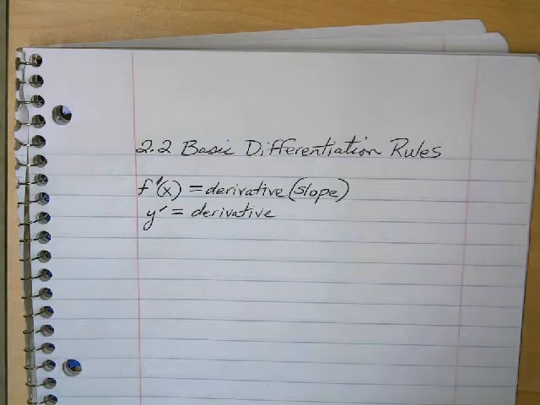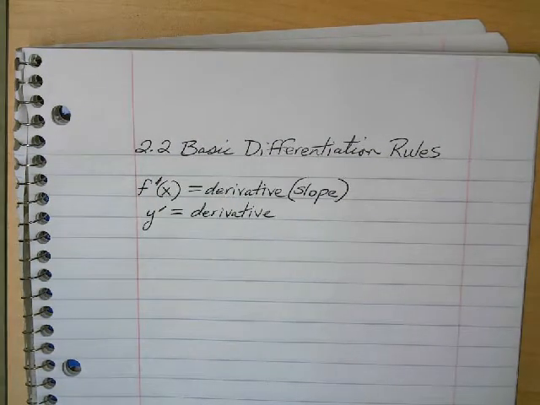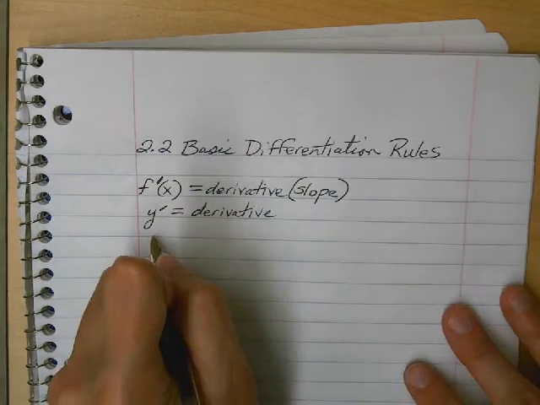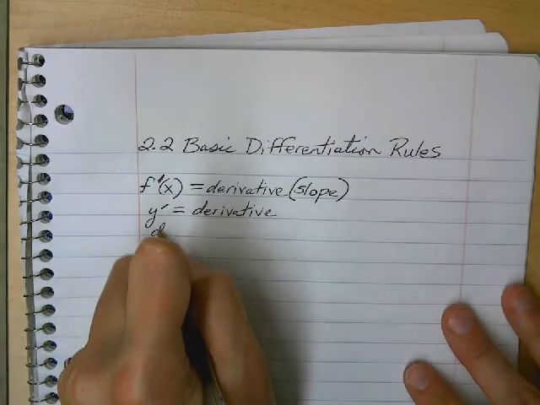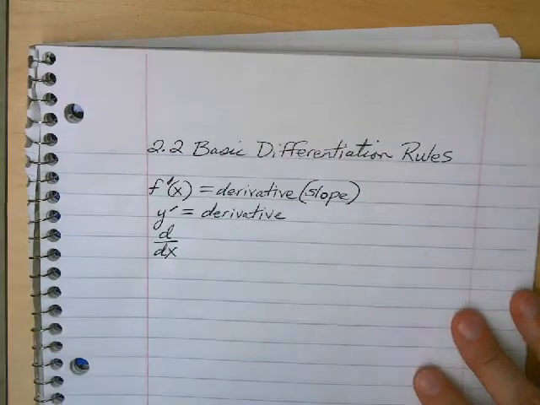It's just another way. Instead of writing f of x, f prime of x, if you have a y equation, the derivative of that is y prime. Another way you see it in the text is d over dx. D stands for derivative.